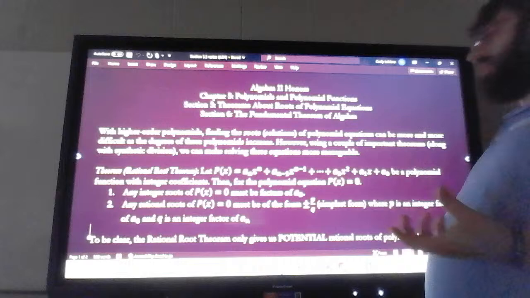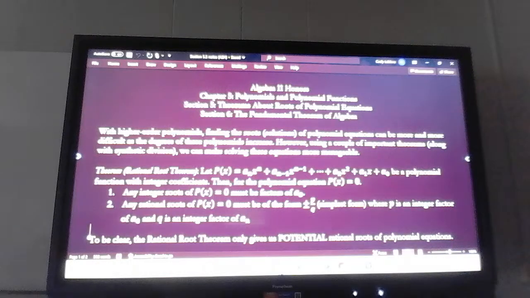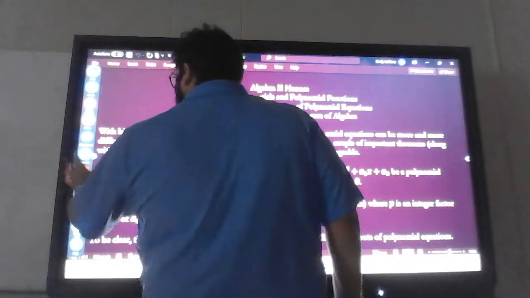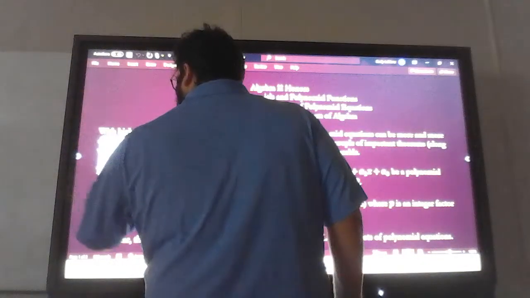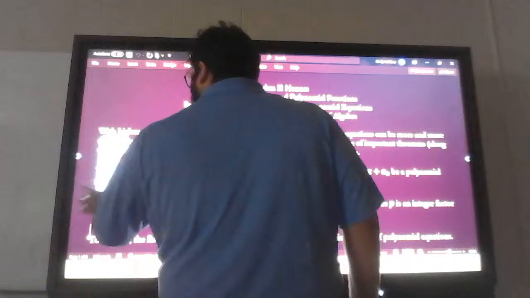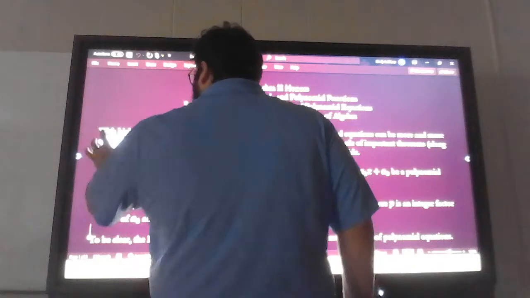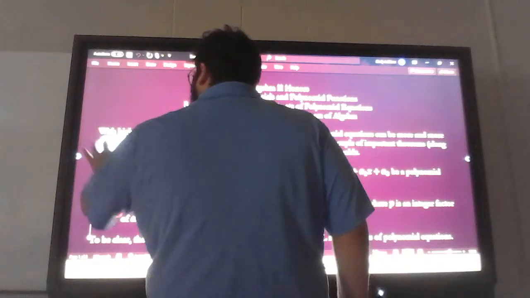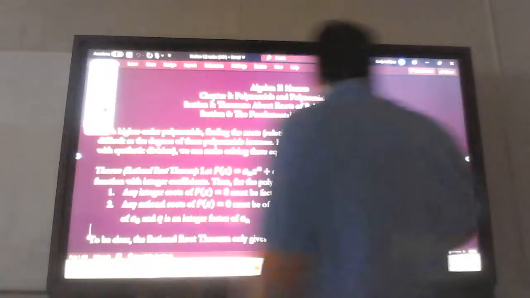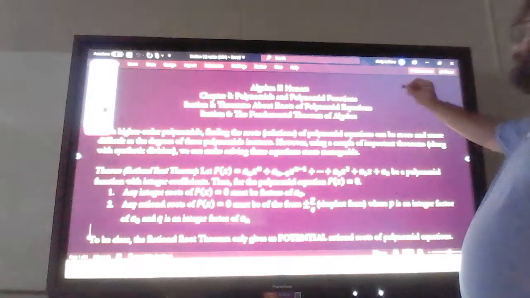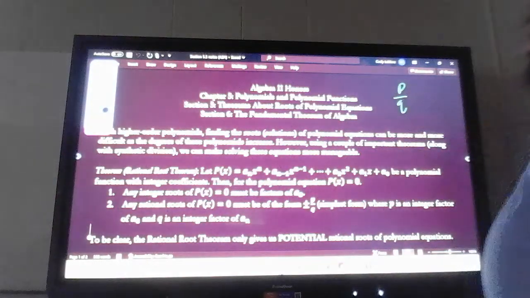Then there's a process of which you can find not just whole number roots, but also rational roots. And if you think of the word rational, if you think back to the beginning of the year, and I'll go ahead and write this down, we mentioned that rational numbers are written in the form P over Q, where P and Q are whole numbers.